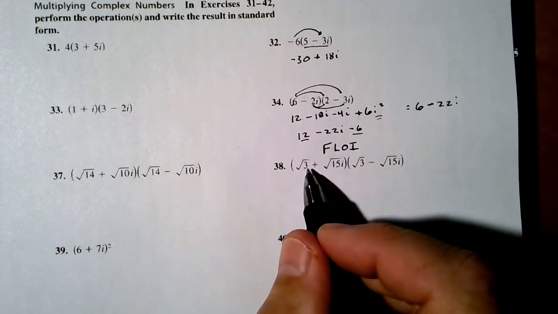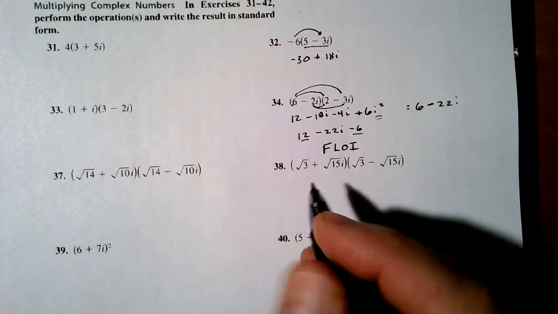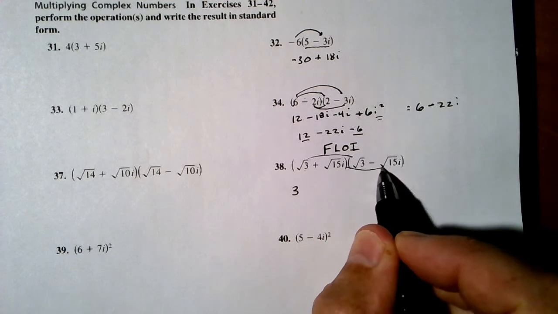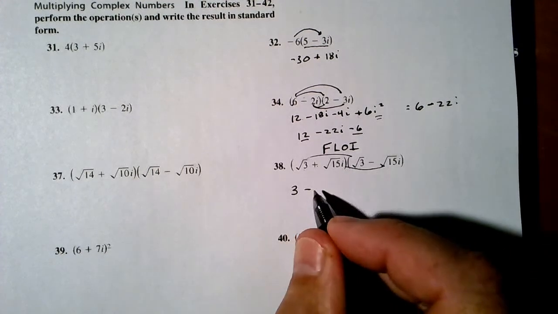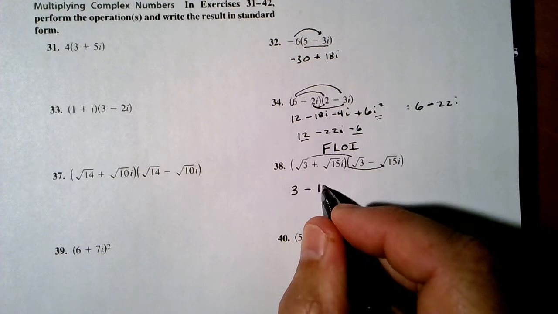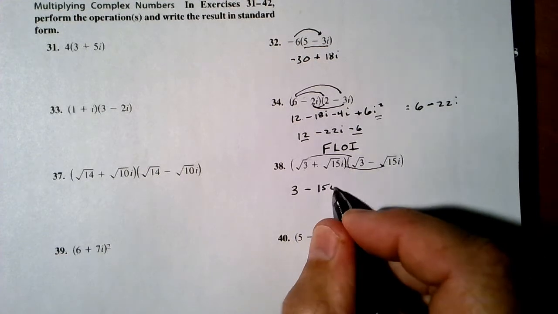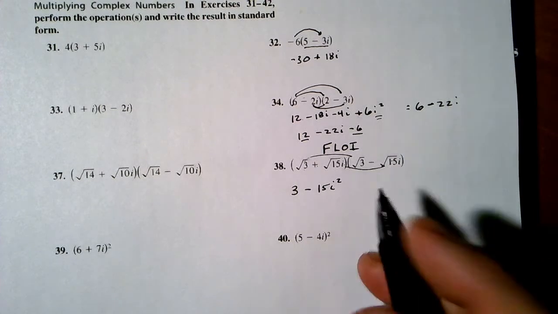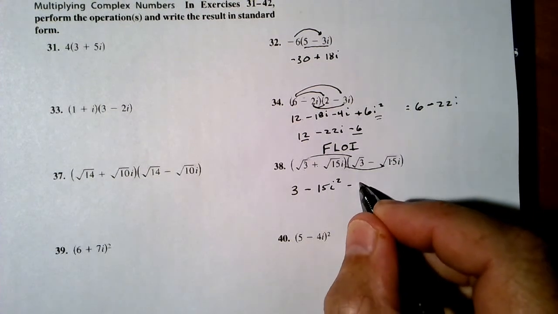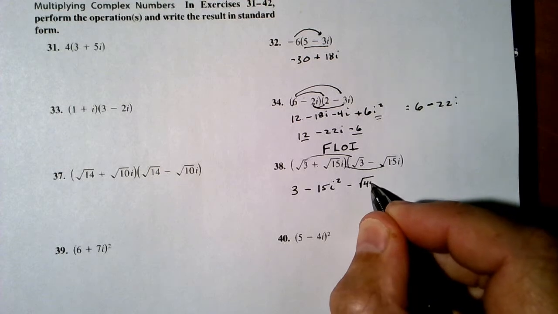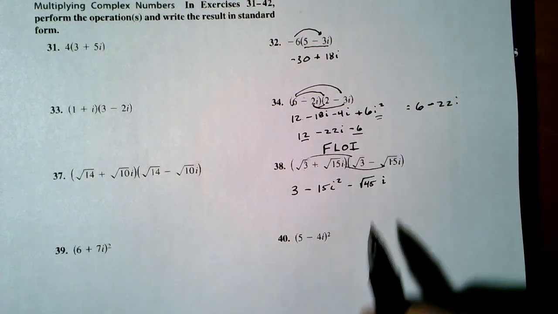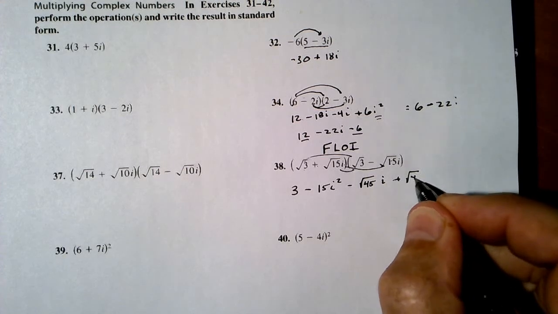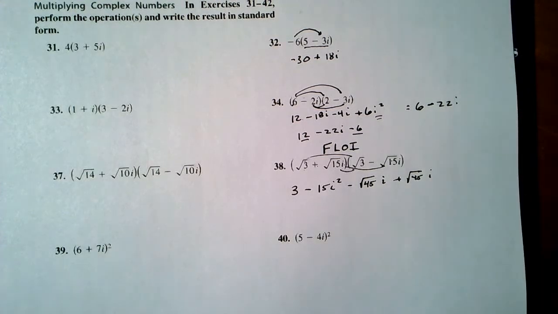I'm going to FLOI. First times first, 3. Multiply the last next, plus times minus minus, square root of 15 times square root of 15, 15. i times i squared. Outsides, I get minus square root of 45i. Insides, I get plus square root of 45 times i.